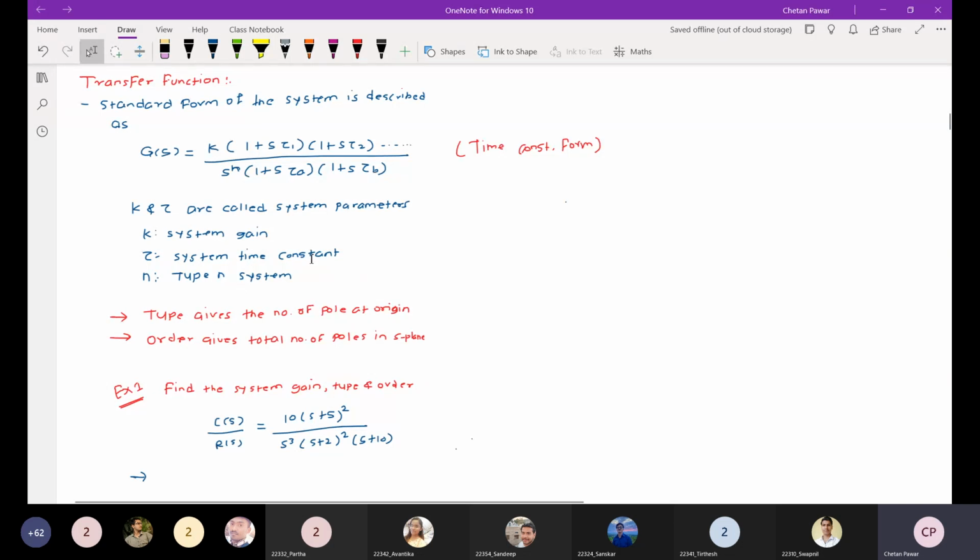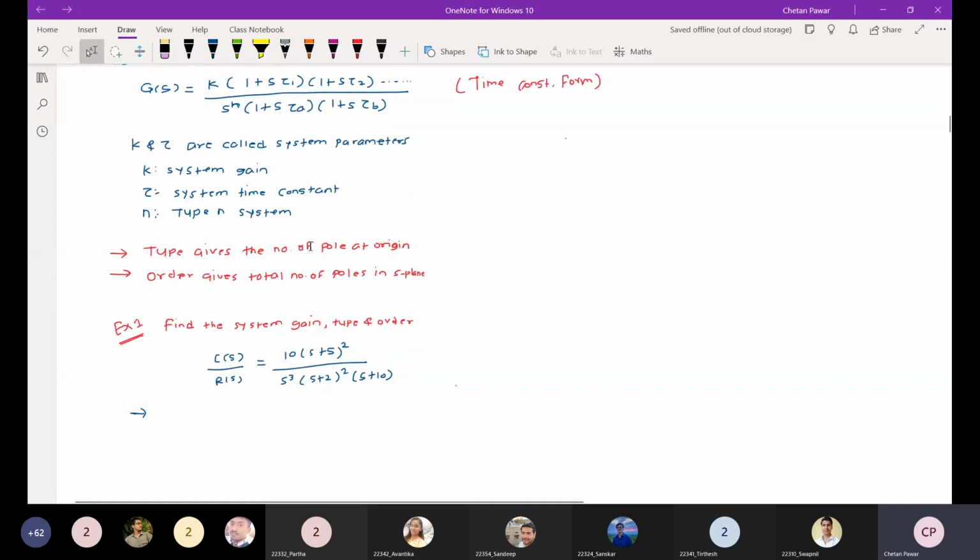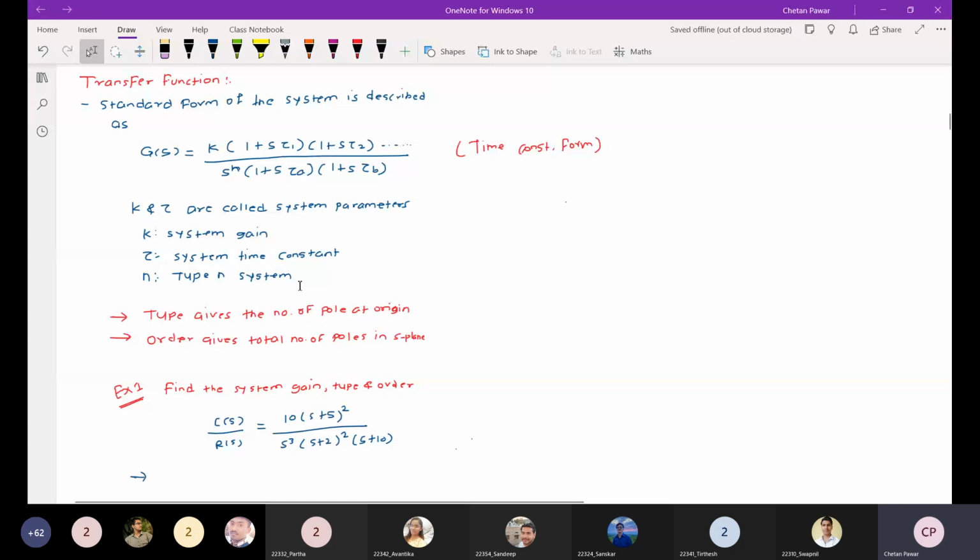Type means generally the number of integrators present in that particular system. So that is one general thing: a type n system where n defines the type of the system. So how do we identify the type and order of the system?